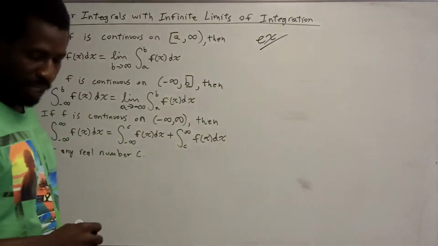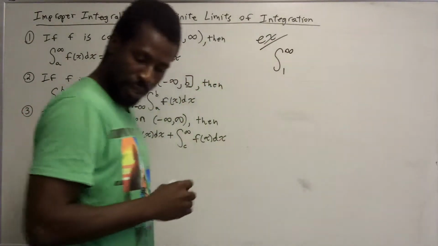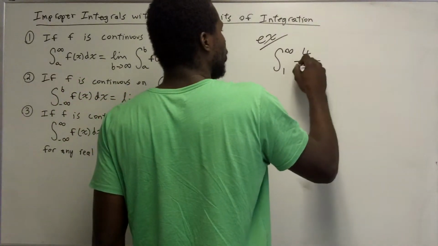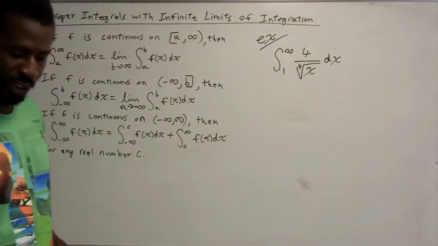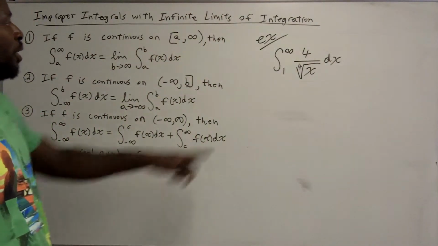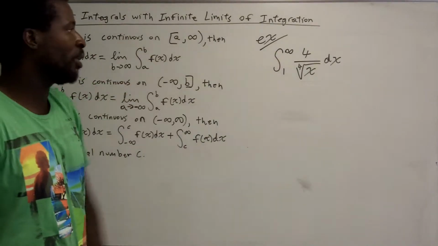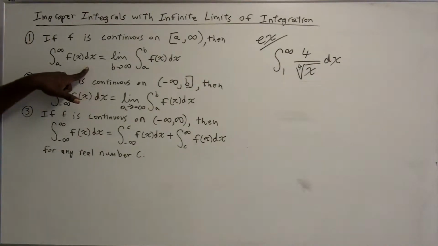The example I want to look at is the integral from 1 to infinity of 4 over the 4th root of x dx. The first thing you notice is this is an improper integral because the upper limit of integration is infinity. So I'm going to rewrite the integral using this definition.